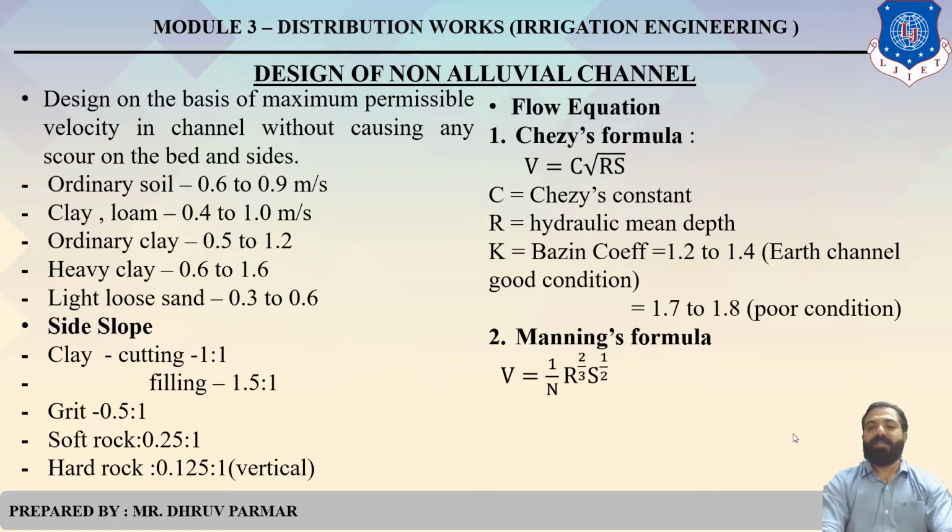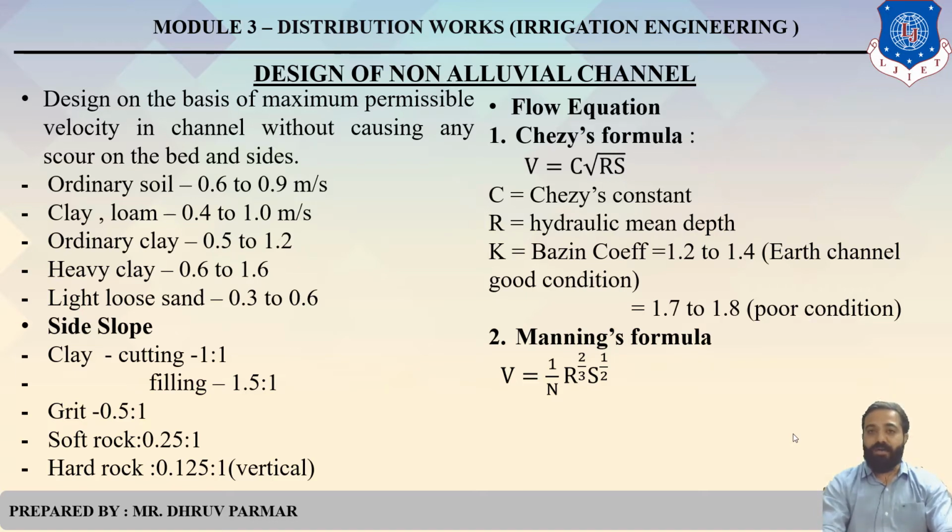The design is on the basis of maximum permissible velocity in the channel without causing any scour on the bed and sides. In this channel, we need to calculate that maximum permissible velocity, so that no scouring occurs on the bed as well as the sides.